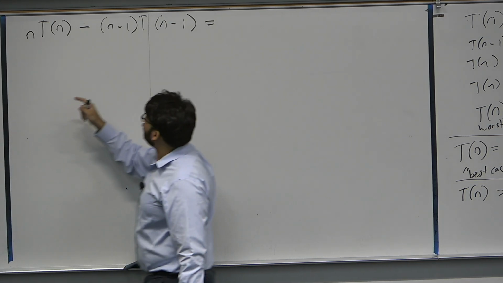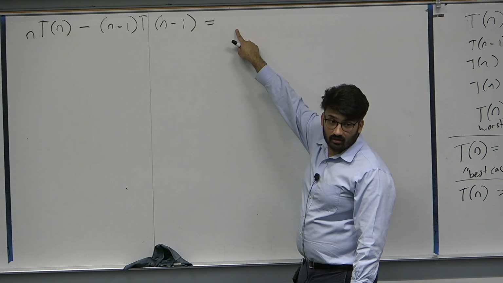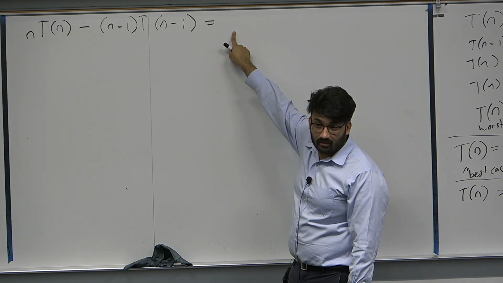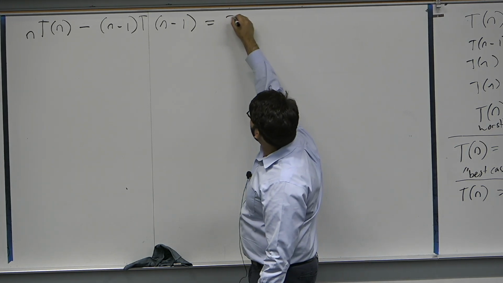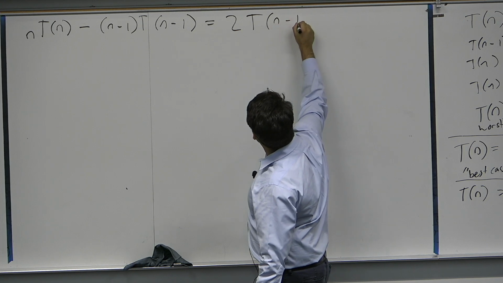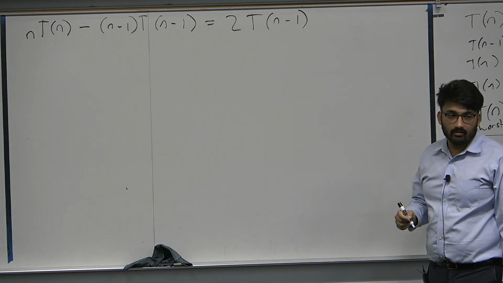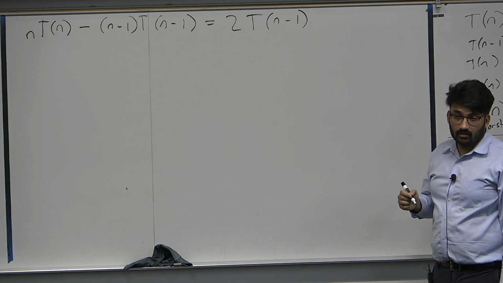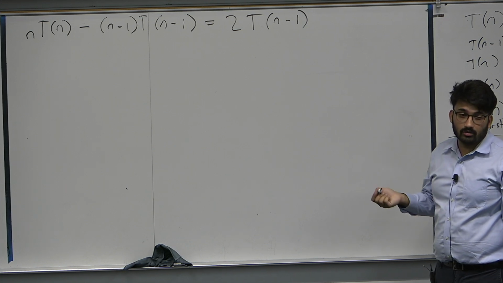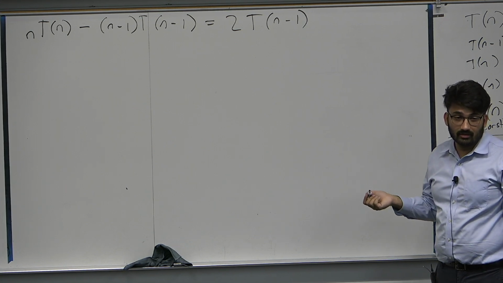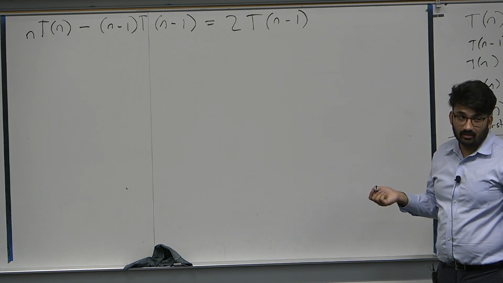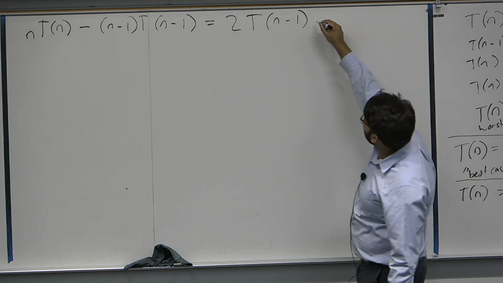So what do I write here? Yeah, 2 times t of n minus 1. And then what's left? What is n squared minus n minus 1 squared? Close. Almost. It's going to be 2n something, right? What is it?